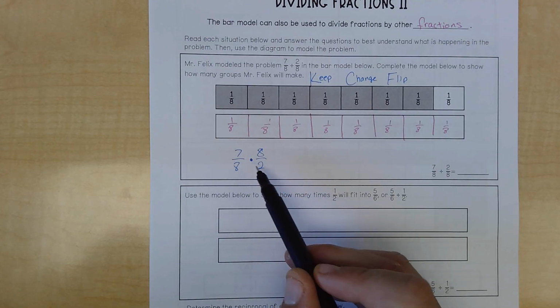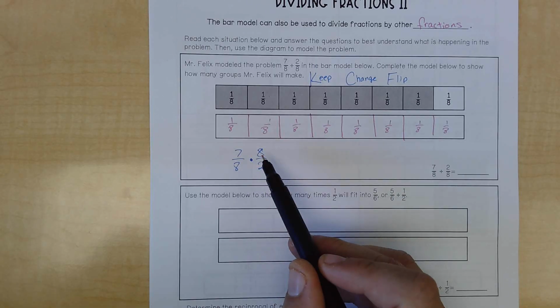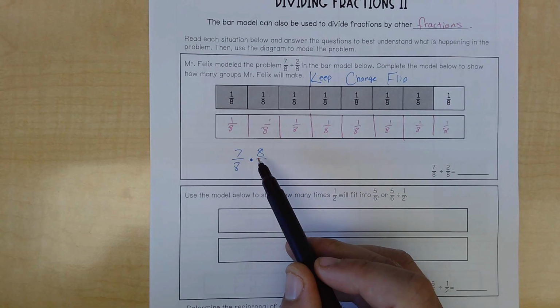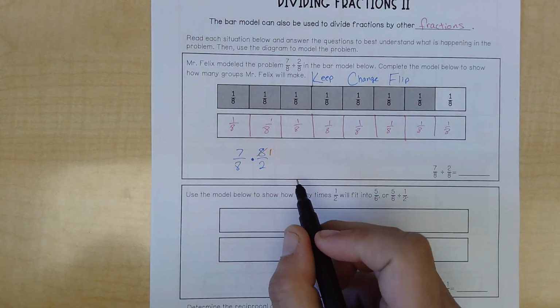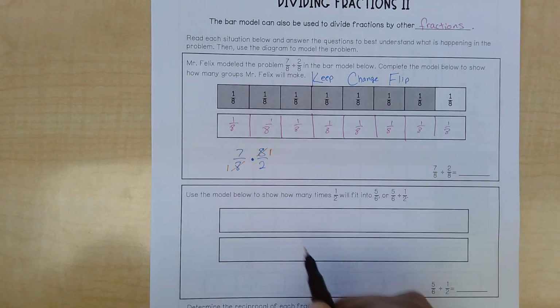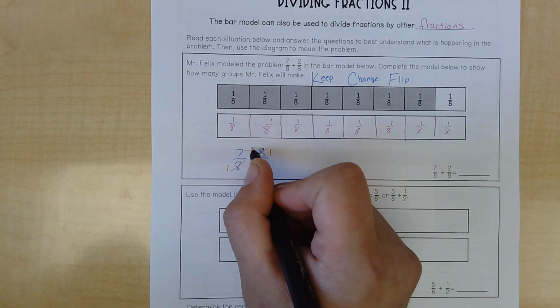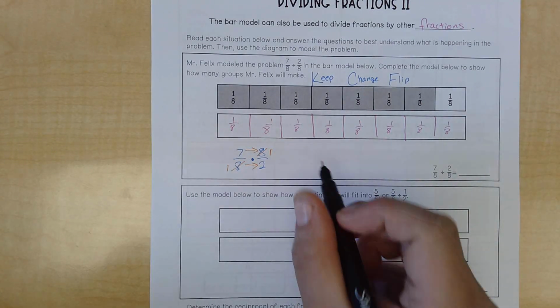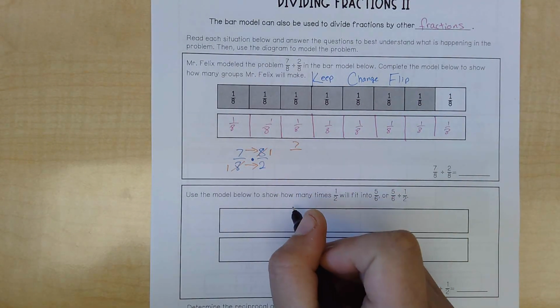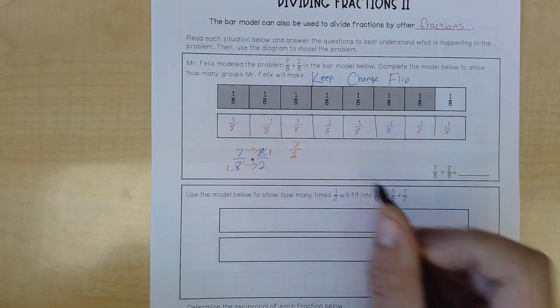So there is no common factor between 7 and 2, but there is a common factor between our 8 and 8. That common factor is 8. 8 can go into itself once. 8 can go into itself once. Then when we multiply straight across, we end up with 7 times 1, which is 7, over 1 times 2, which is 2.